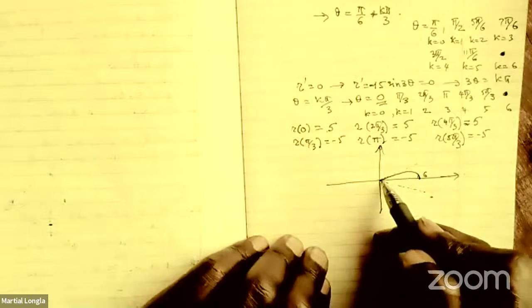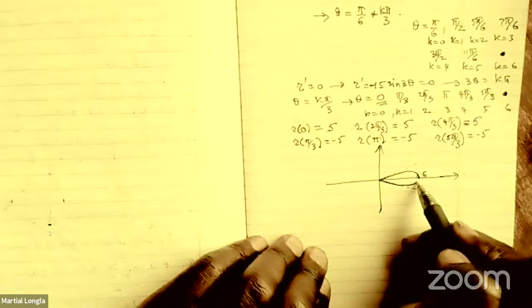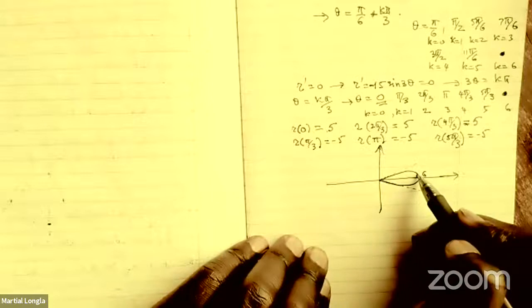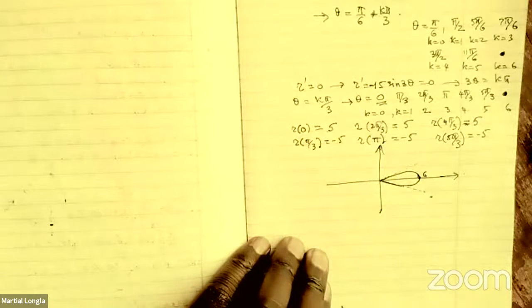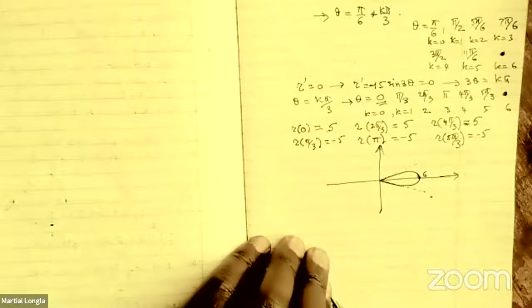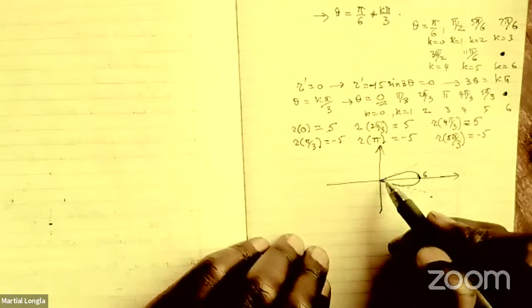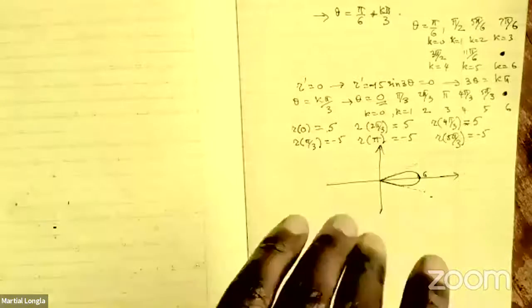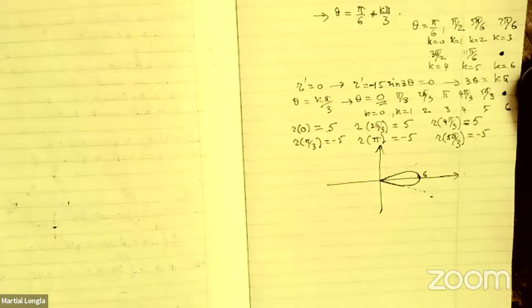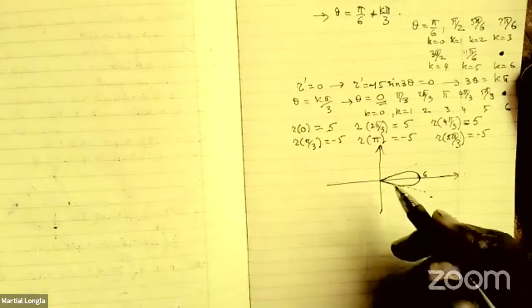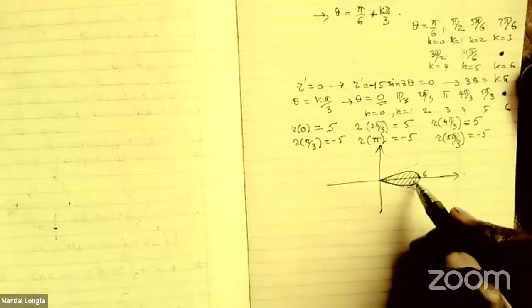And at 11 pi over 6, it also goes back there. So that's a loop. And then you continue drawing 1, 2, 3, and so on. I'm not going to go around all that circle drawing all those things because I need to have time to compute the area. I just draw one loop, okay? And so we will need the area of this loop.